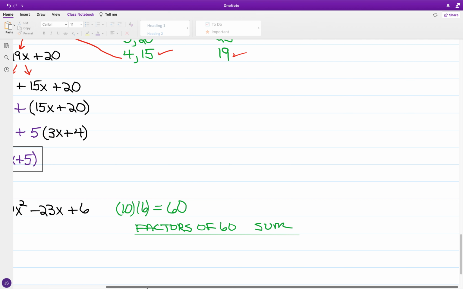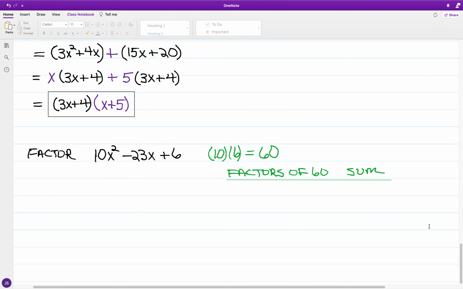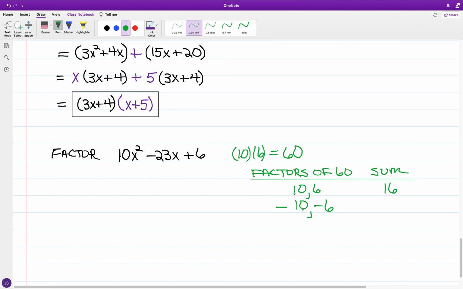So we're just using what we have worked with. We're fresh off of 10 and 6. However, 10 plus 6 is 16. So we're not going in the right direction. And if I took negative 10 and negative 6, negative 10 times negative 6 is also 60, but that adds up to negative 16.